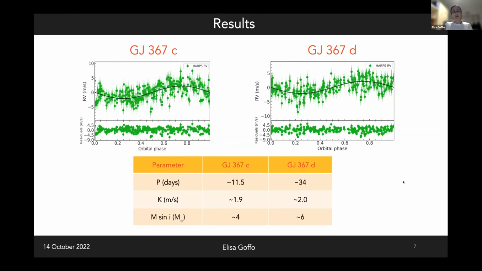As I said, our HARPS radial velocity measurements also revealed the presence of two other companions. So one other planet at 11 days with a minimum mass of about 4 Earth masses, and a second planet at 34 days with a minimum mass of 6 Earth masses.